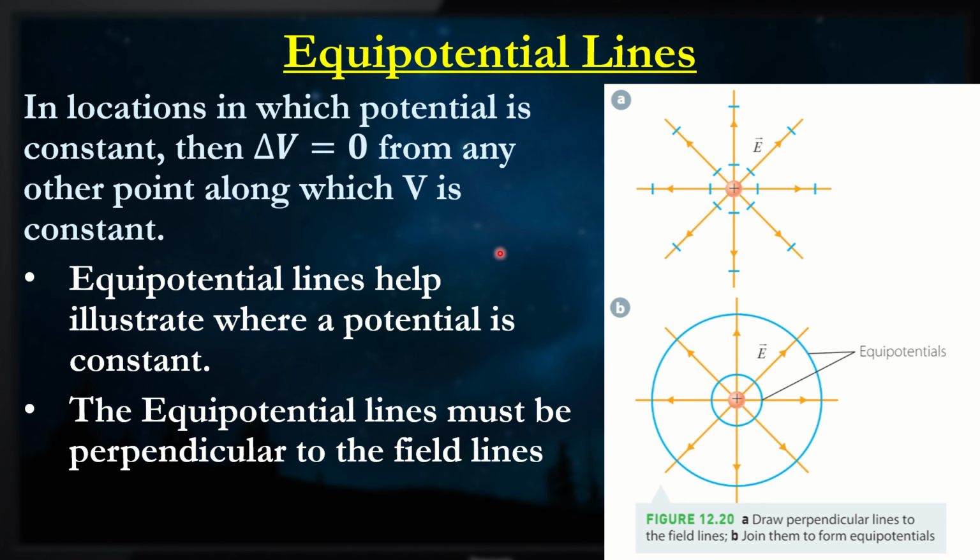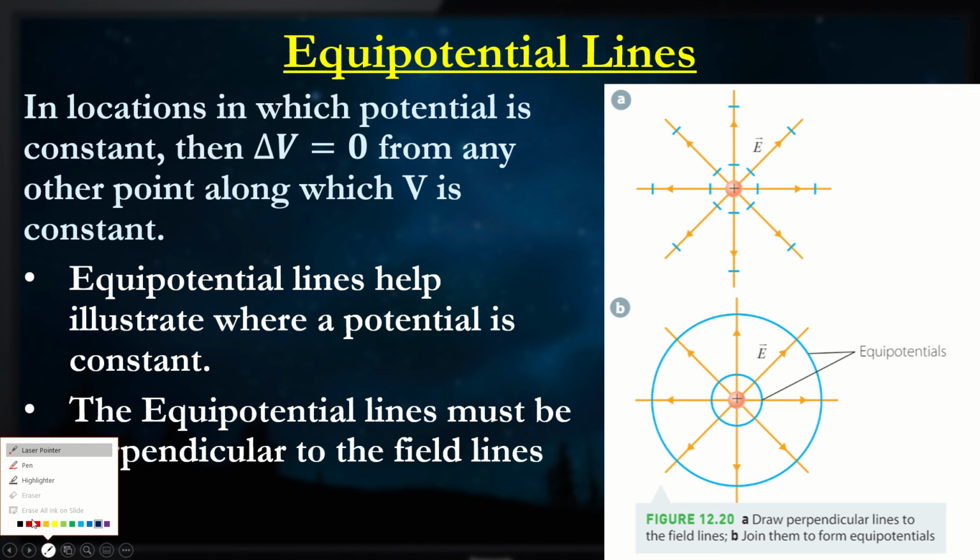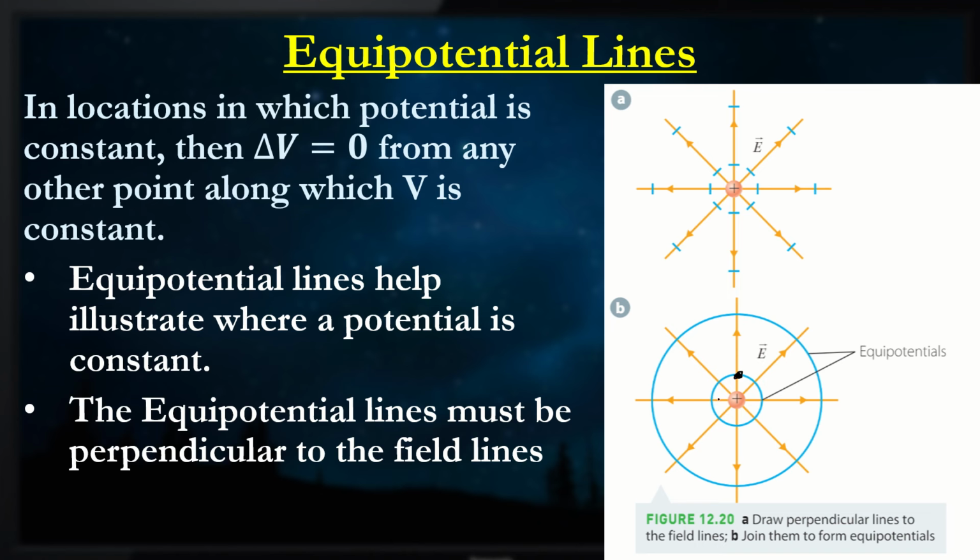So what that means is, if I am a particle at this position and this position, and I try to calculate the difference in electric potential, that would be 0, because they're equally distanced away from the charged particle.